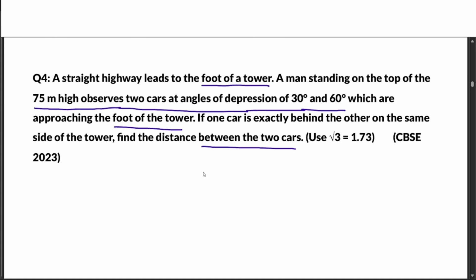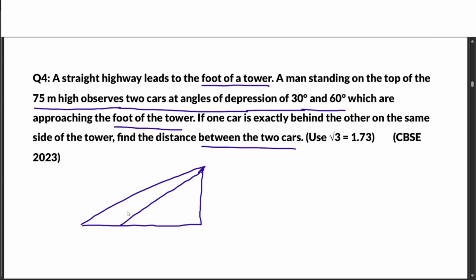So we can say this is the height of the tower. Now there are two cars coming, one car behind the other. Sorry for my figure, I'm not good at drawing, so make sure you understand the figure.